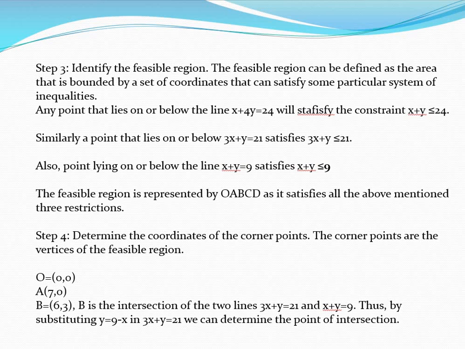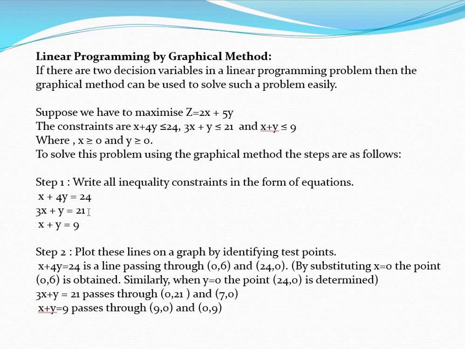In step 3, you have to identify the feasible region. Feasible region means you have to see all three possibilities, and these three should be achieved.